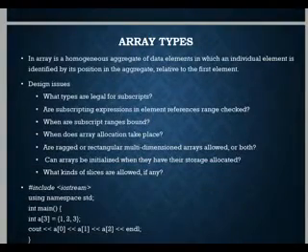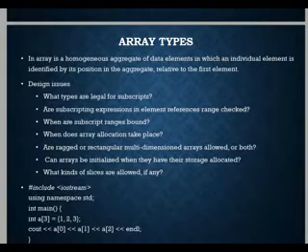Then let's come to the good concept, which is array. I think you are more familiar with the concept of array. An array is a homogeneous aggregation of data elements in which an individual element is identified by its position, which is its index in the aggregate, relative to the first element.